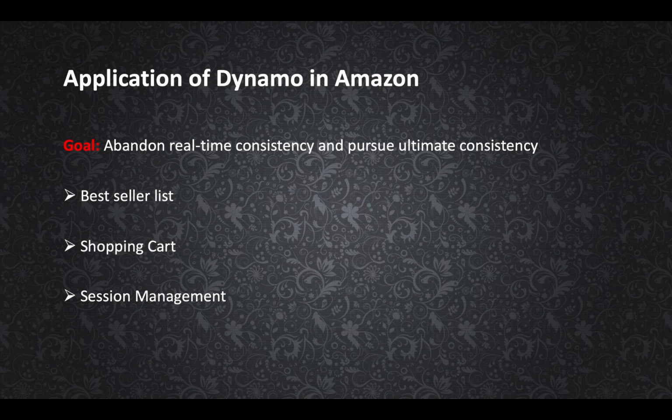So the system must be strong and highly available, and sacrifice only consistency. A strategy of ensuring the eventual consistency of Dynamo's sacrifice in the commercial environment has been proven to be feasible. The practical utilities contain bestseller list, shopping cart, session management, and so on. Next, the essential techniques will be explained.